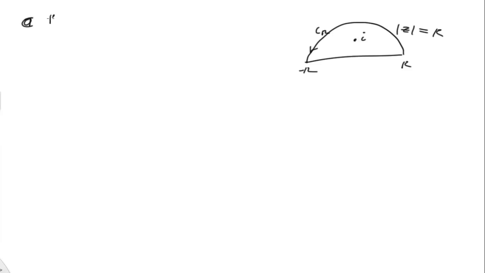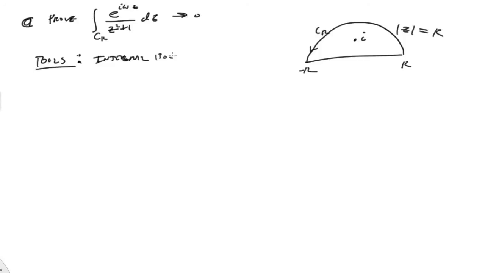We need to prove that the integral over CR of e to the i omega z over z squared plus 1 dz goes to 0. The first tool is the integral bound.